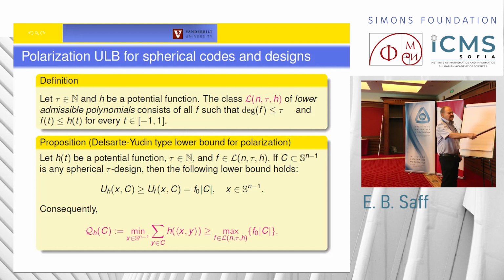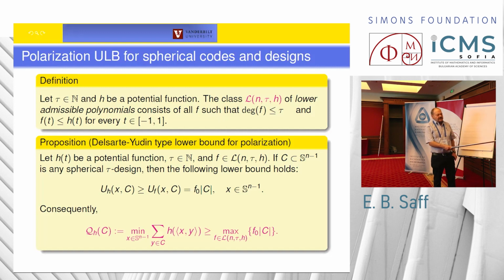So if we take an f from this class, it's lower bounding h, so we have this inequality. But we know that if we have a spherical tau design, then whenever we have this polynomial discrete potential, this is equal to f naught times the cardinality of C. That's the result we just proved. Okay. So that's a kind of trivial thing.